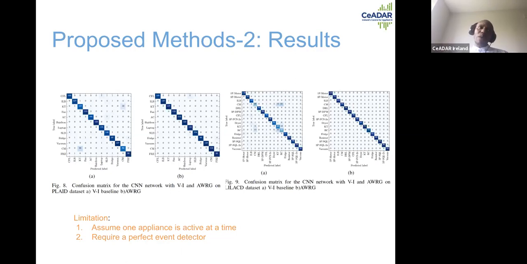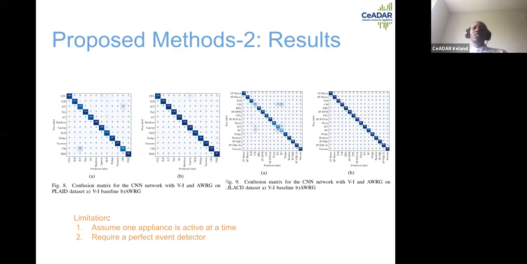Of course, despite the fact that this approach gives good performance, it has two limitations. One, you assume that only one appliance is active at a time. This might hold if you are recording signal at a very high frequency, but still there might be a chance that more than one appliance is running.